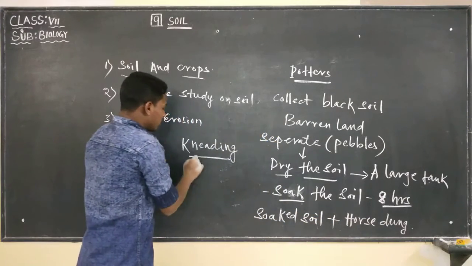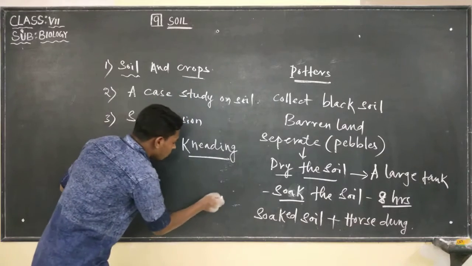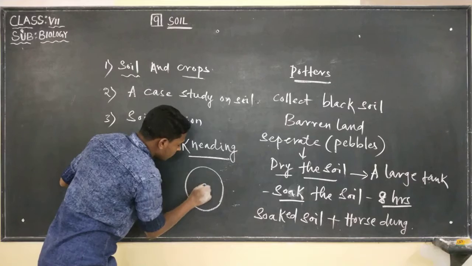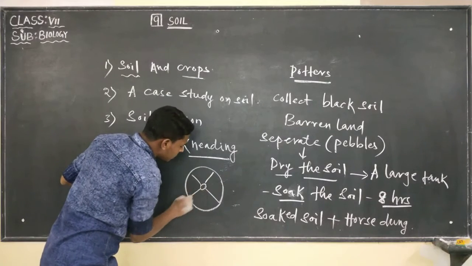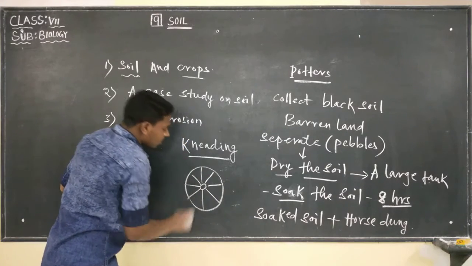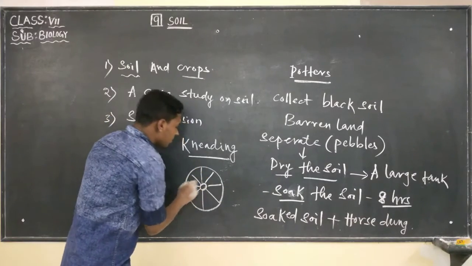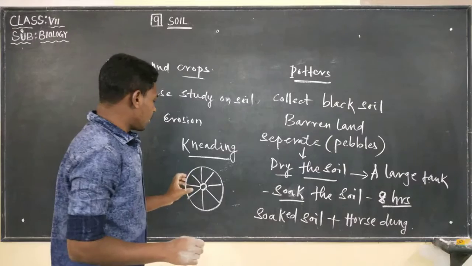Then the potters put the soil at the center of a wheel. The wheel rotates and the soil is given some specific structure.